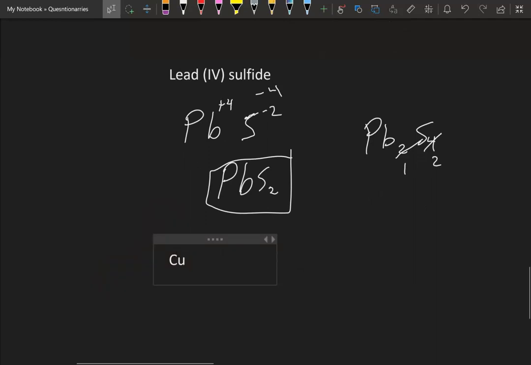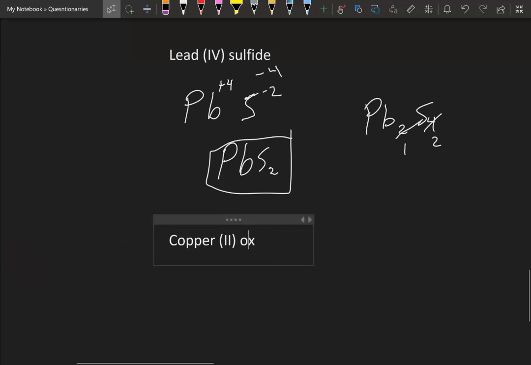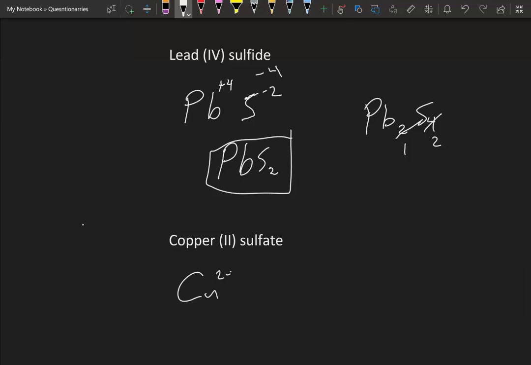So let's say we have a copper(II) oxide. Actually, I'm going to use a different one. Let's do hydroxide for this example. Actually, I'm going to change that. I'm going to do sulfate. All right, so let's do copper(II) sulfate. So copper has a +2 charge.